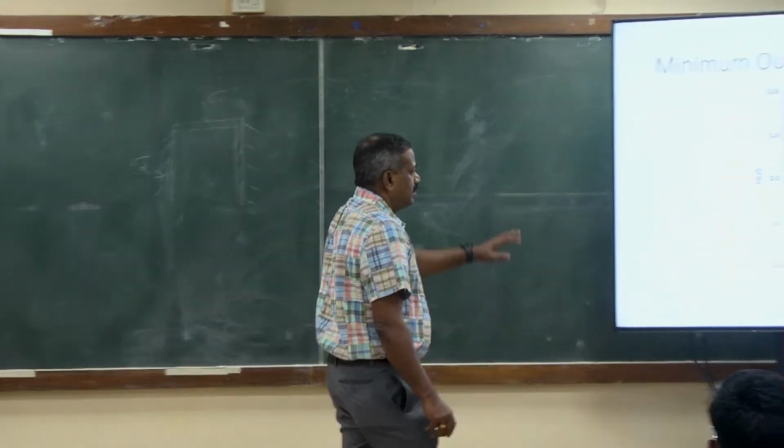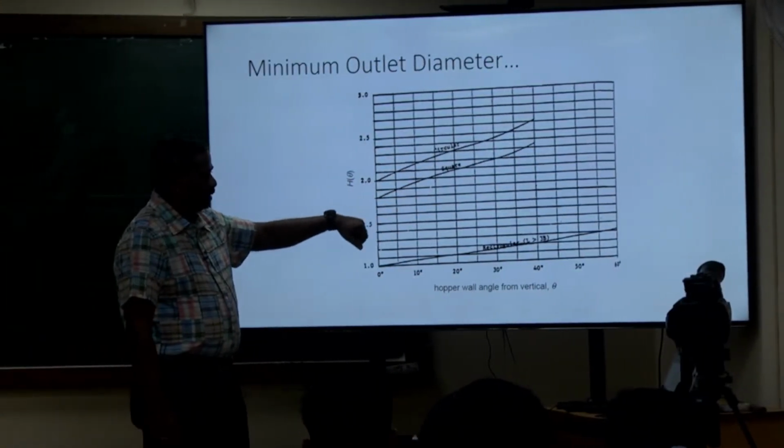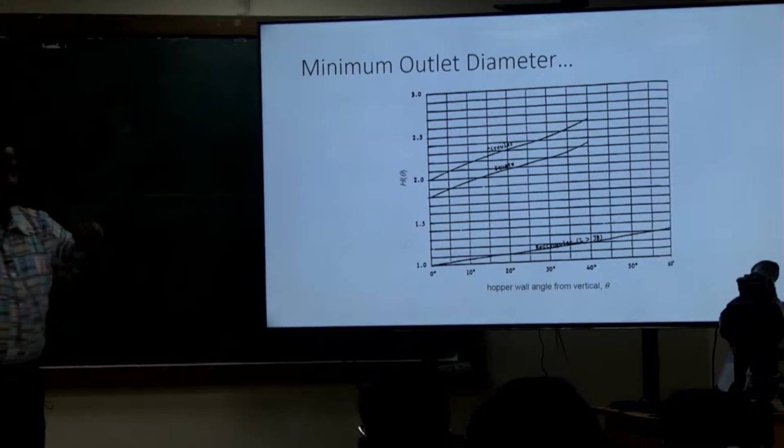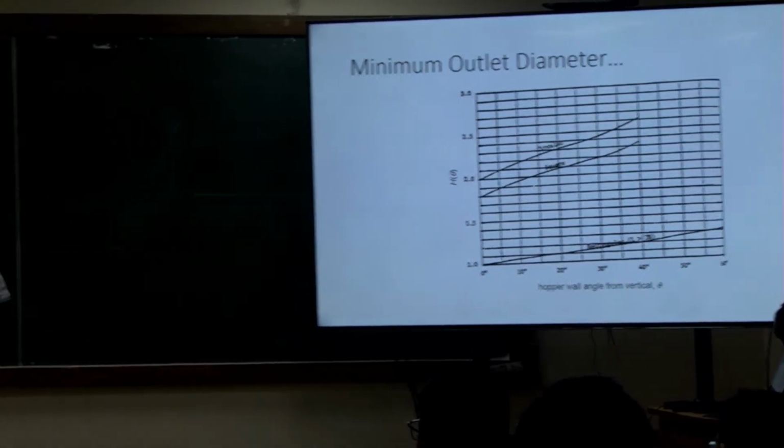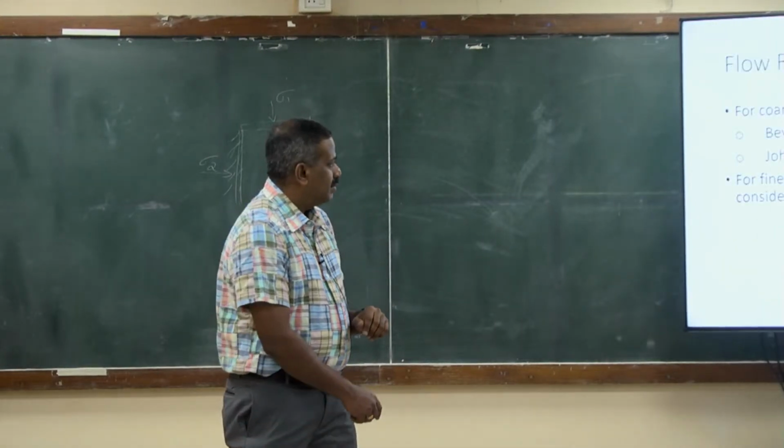He has also done these minimum outlet diameter calculations for different flow factor sizes and hopper half angle calculations. I'll not go through those.